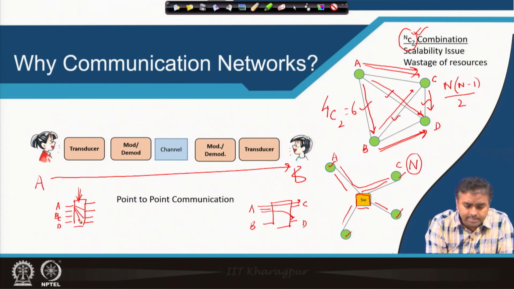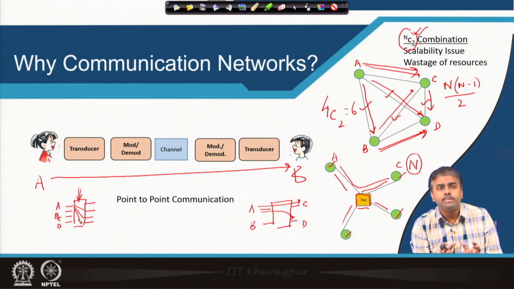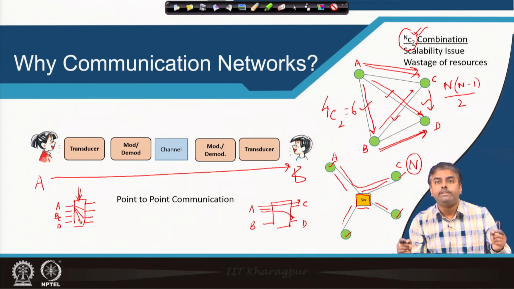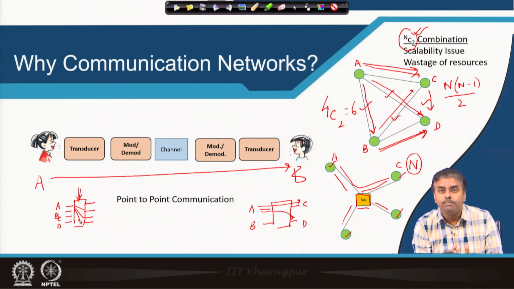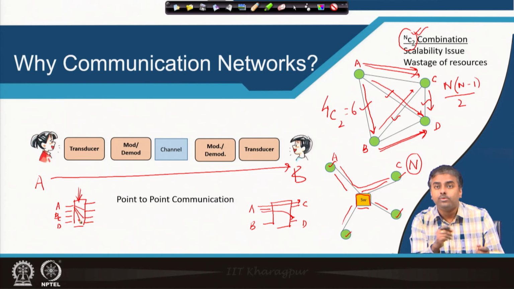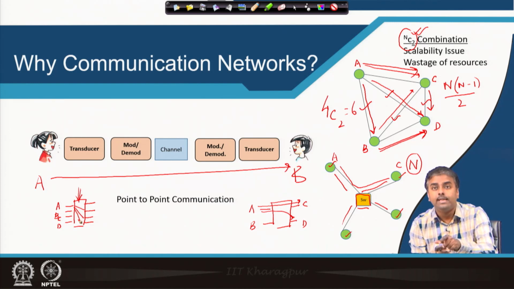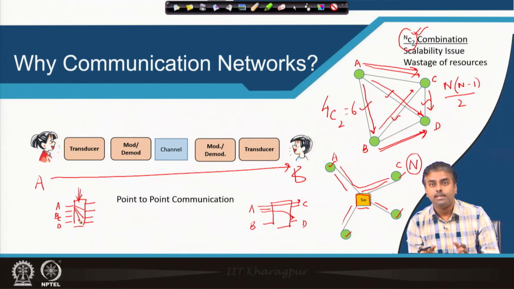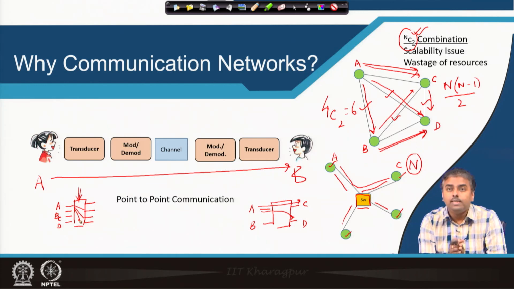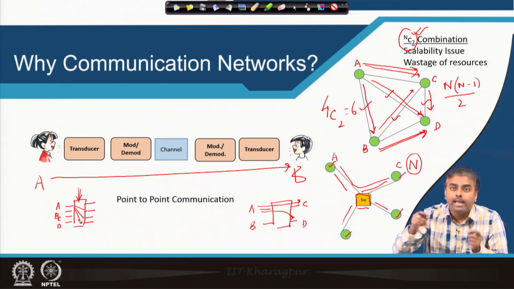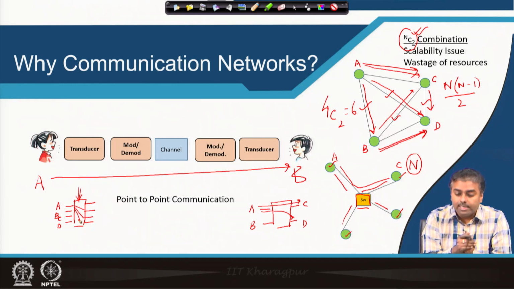We will discuss all those things later, but right now this should be sufficient to understand that I will be providing this connectivity in a flexible manner. Whoever wishes to connect to whoever, that flexibility I will be providing. If I can do that with that switch, then my purpose is served, because now I can always connect to anybody according to the requirement. So, basically the user has to tell this.